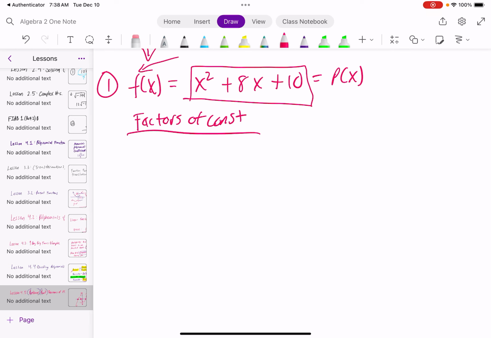Poly means many. So the rational root theorem, in order to get the possible zeros, you get the factors of the constant term, which is going to be 10, and you're going to divide it by the factors of the highest degree coefficient. Well, here's the highest degree, and here's the coefficient. It's 1. So we're going to divide by the factors of the leading coefficient.